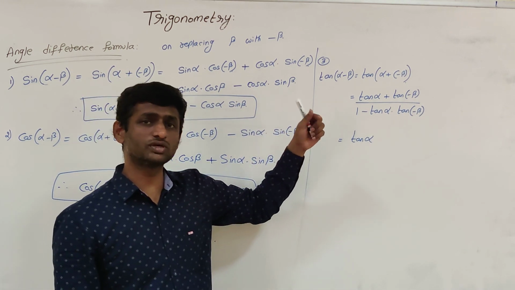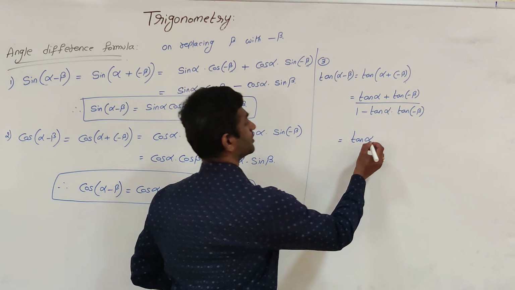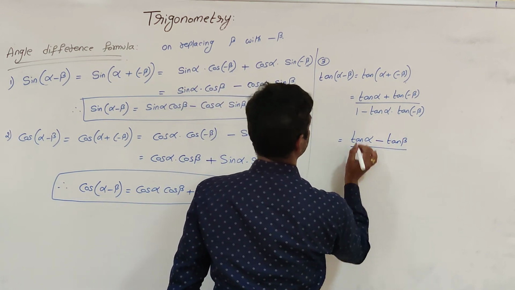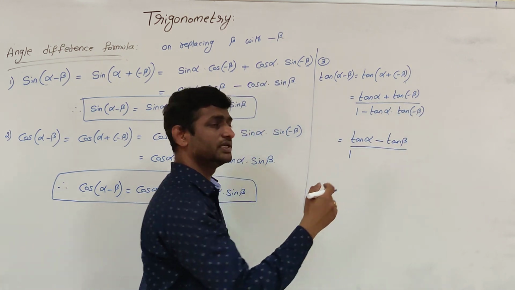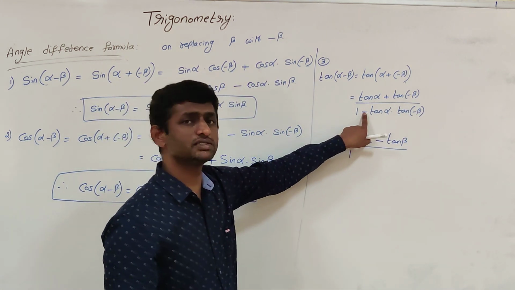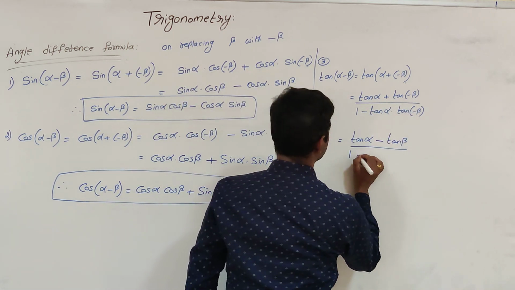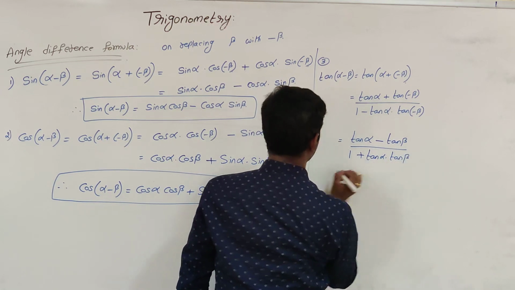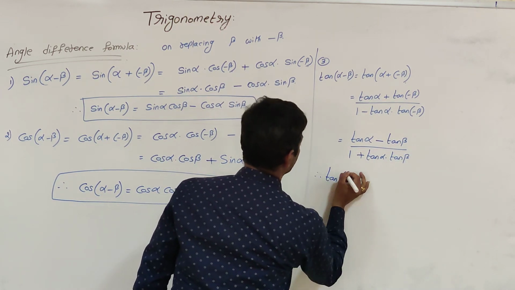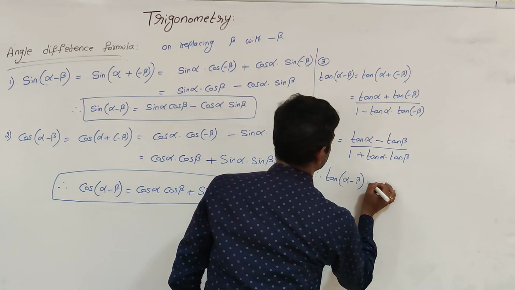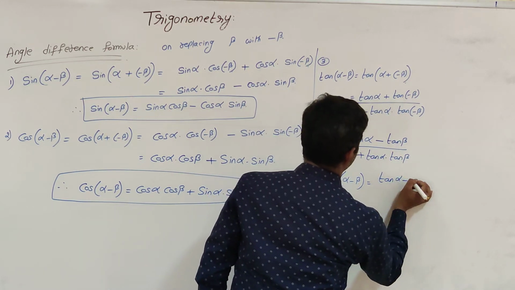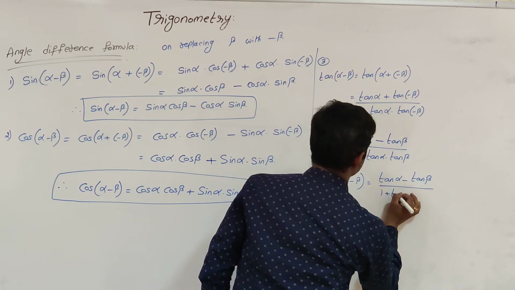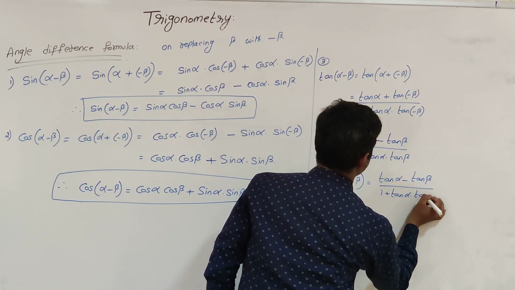Negative theta means it rotates in the clockwise direction. So minus tan beta by 1 minus, and tan of minus beta is minus tan beta. Already one minus is there, so minus into minus becomes plus, so tan alpha into tan beta. Therefore tan of alpha minus beta is tan alpha minus tan beta by 1 plus tan alpha into tan beta.